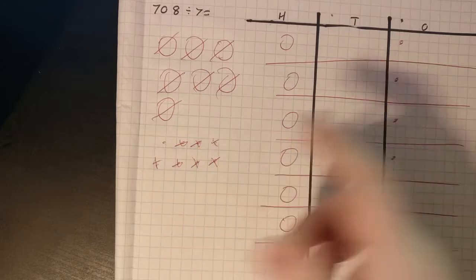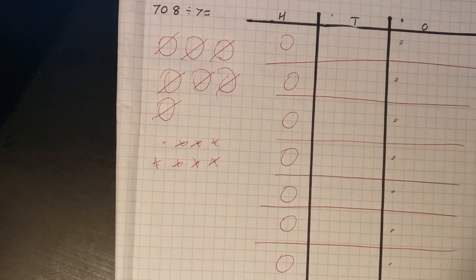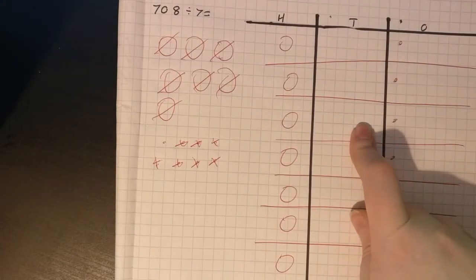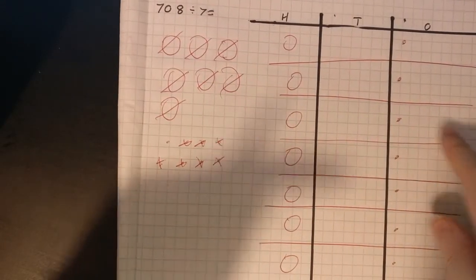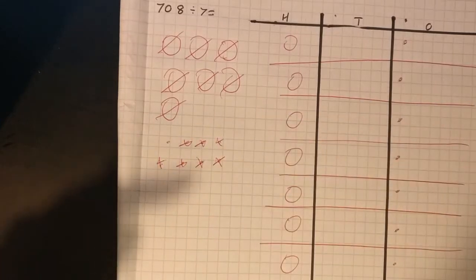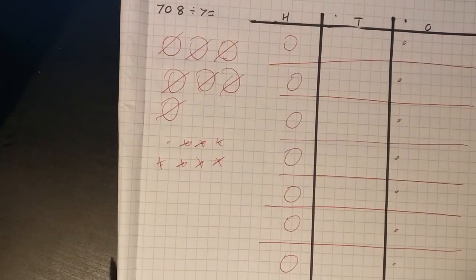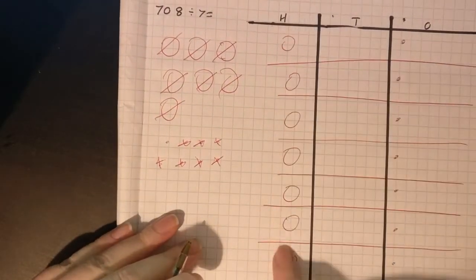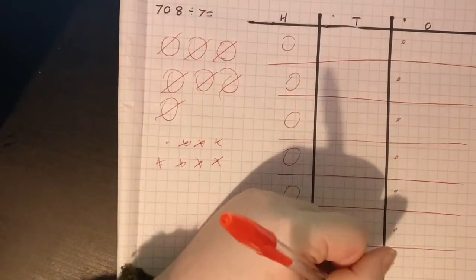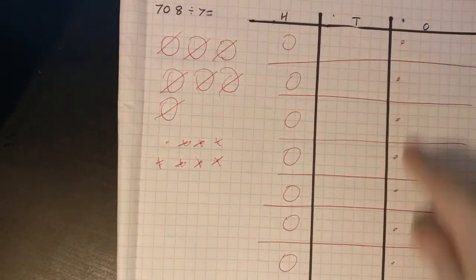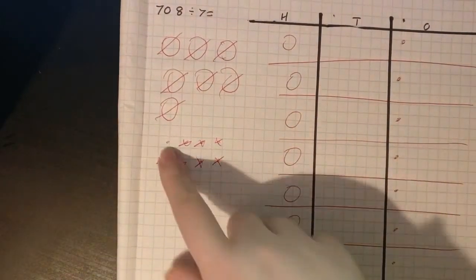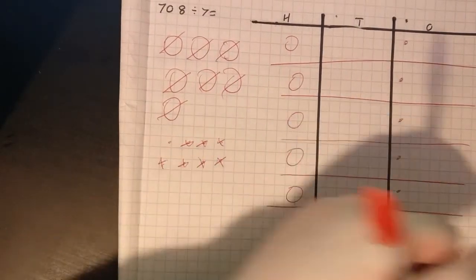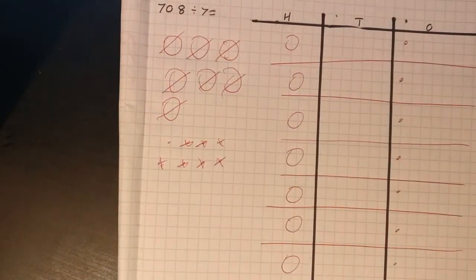And I can't exchange it because I don't have another column to exchange into. So hundreds we can exchange to tens, tens we can exchange to ones, but when I've just got a 1, well, that's one remainder, isn't it? So let's have a look at our answer. We've got 100 in each row, we've got 0 tens, and we've got 1 one, and here we've got remainder 1.